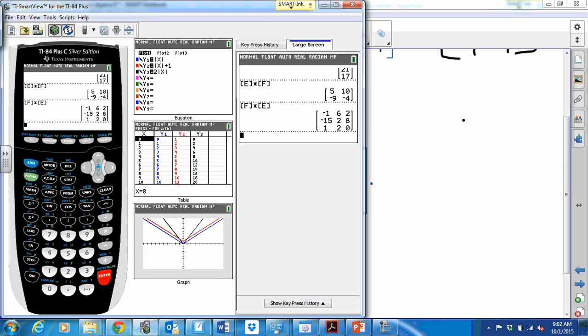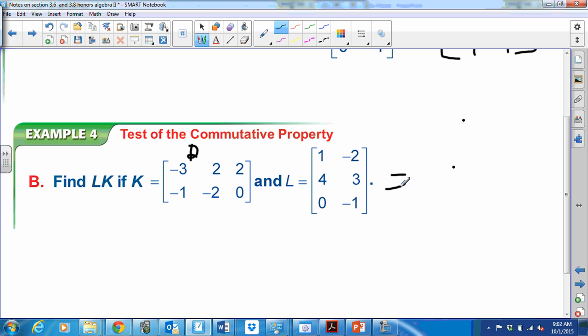So we get a 3 by 3 matrix when we do it the other way. Negative 1, 6, 2, negative 15, 2, 8, and 1, 2, 0. So going back here, we would get negative 1, 6, 2, negative 15, 2, 8, and 1, 2, 0.